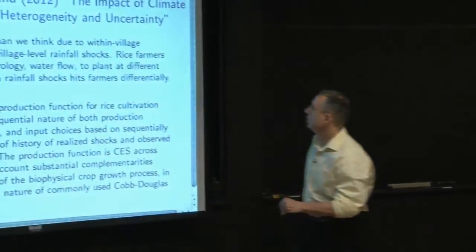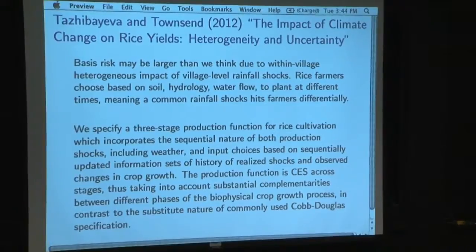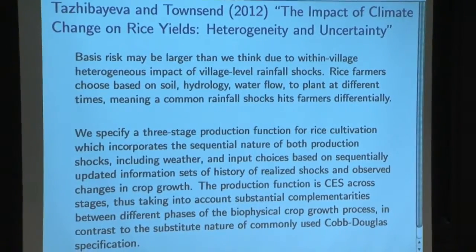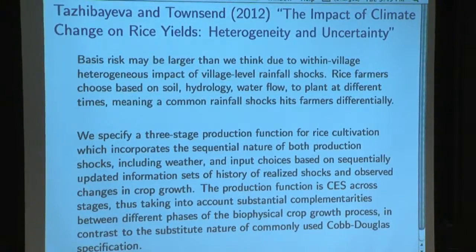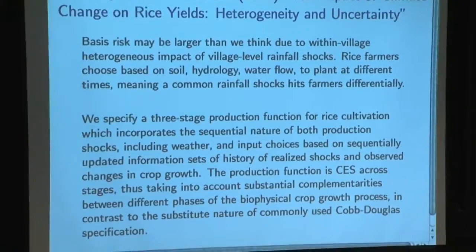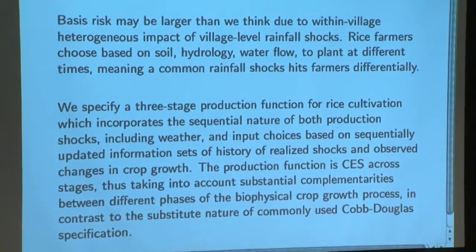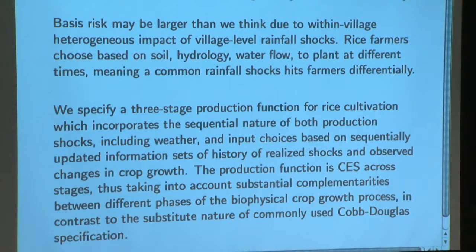Okay, so here's the vengeance paper with Camilla. This is all about rain. We want to see the effect of rain on rice production. Now again, the typical thing that you'll see in the development literature is that rainfall is the risk.